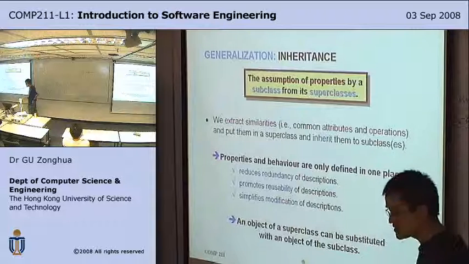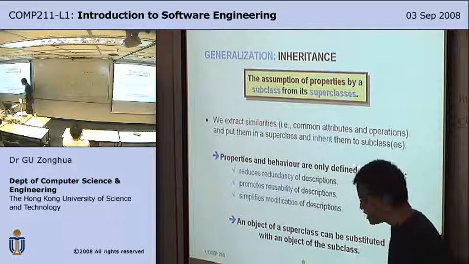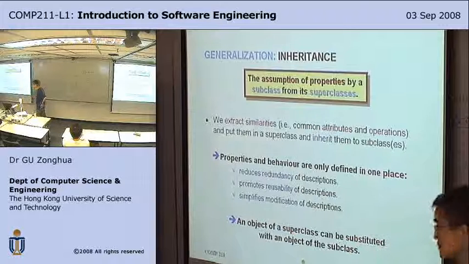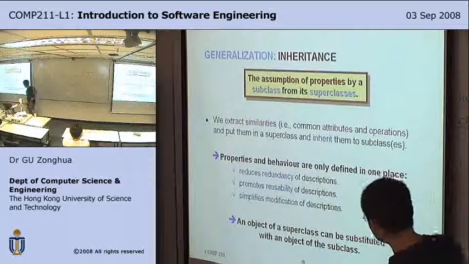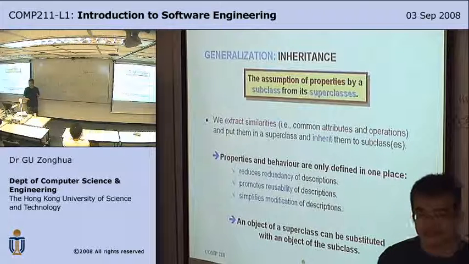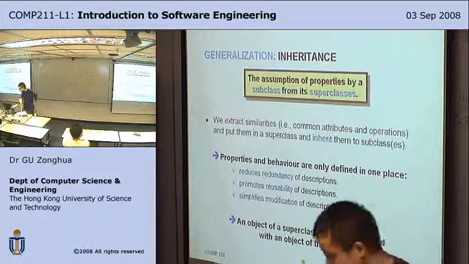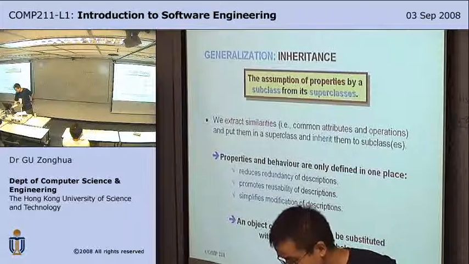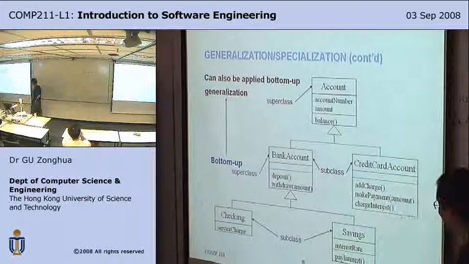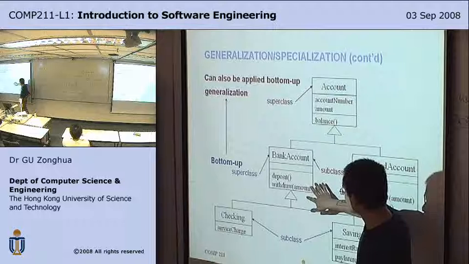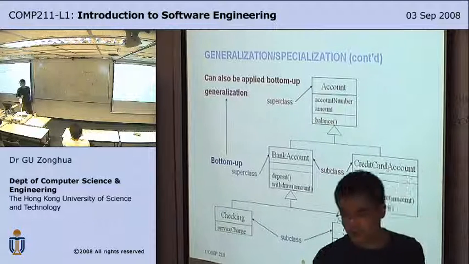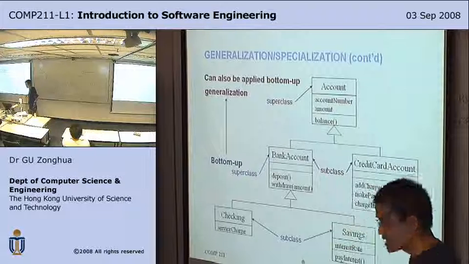So an object of a superclass can be substituted with an object of the subclass. That is, any time a superclass is applicable, you can always use a subclass in its place, but not vice versa. So, for example, for the bank account example, anytime a bank account object is used, you can always use the checking account in place of it, because a checking account is a bank account, but not vice versa.